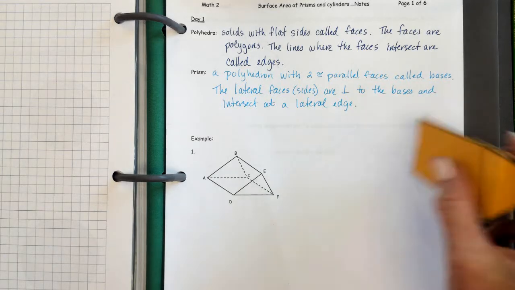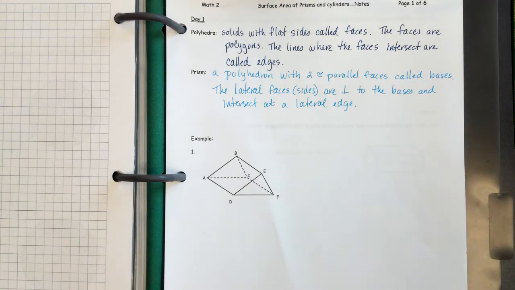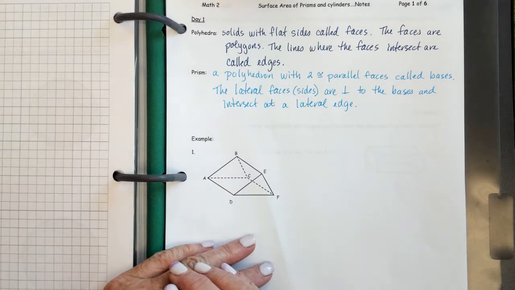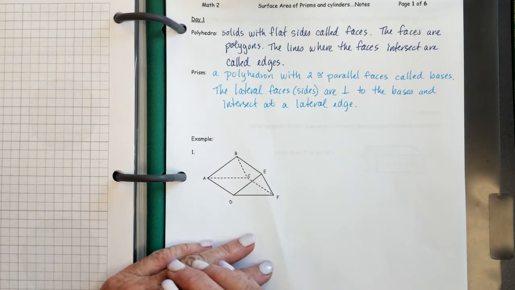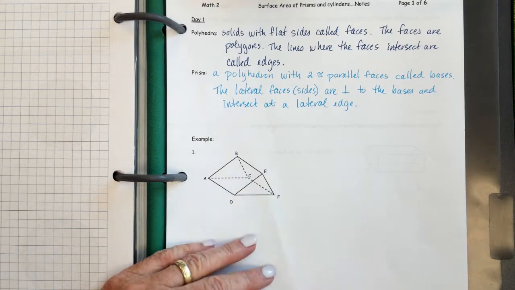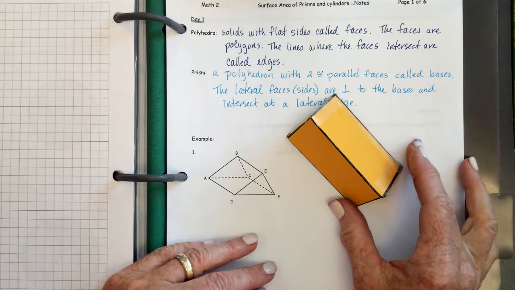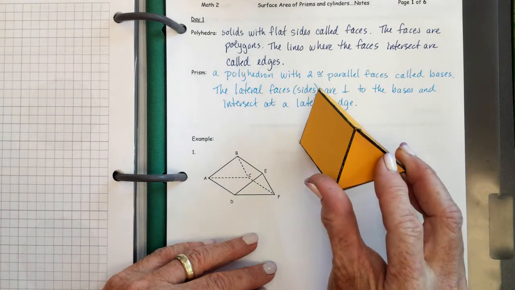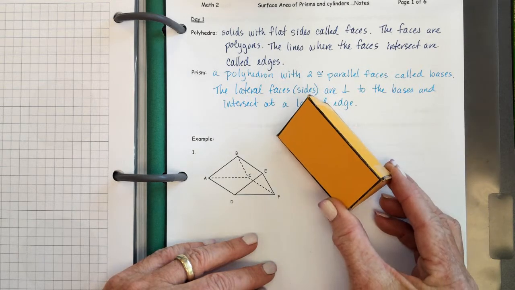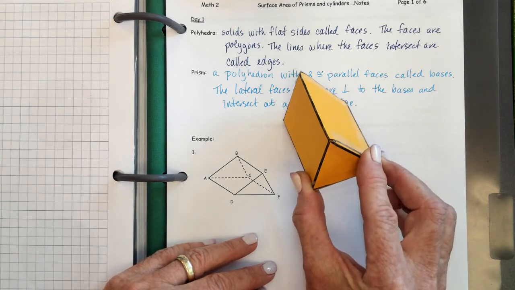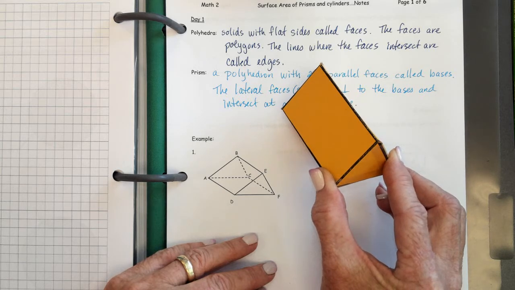Okay? Now, part of the issues with this particular unit is reading a three-dimensional figure off of a two-dimensional diagram. And this figure right here is exactly the prism we were just looking at. It's this triangular prism. It's probably sitting just like that maybe, or maybe like that. Okay.